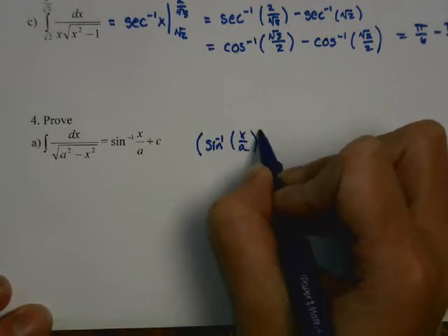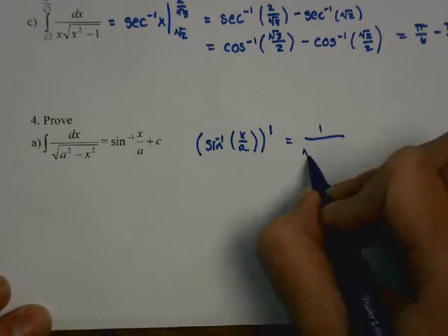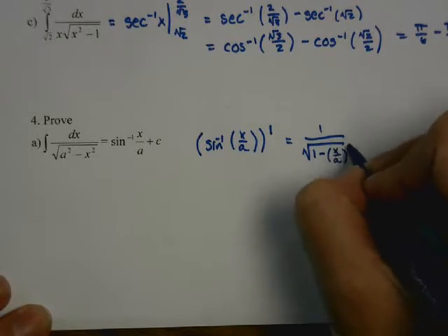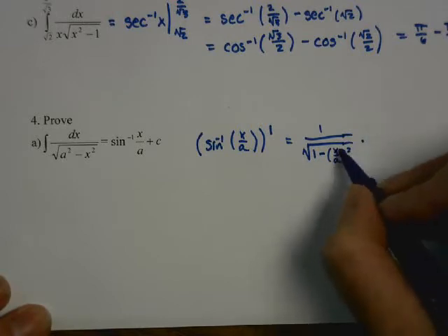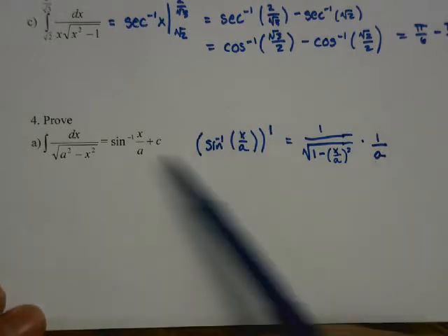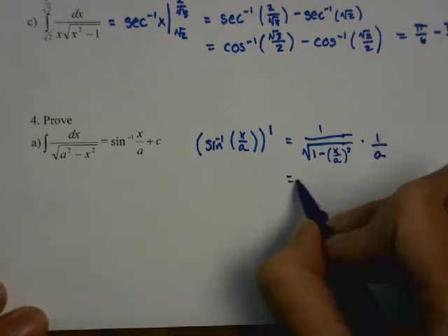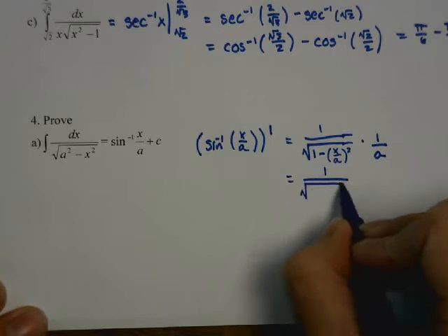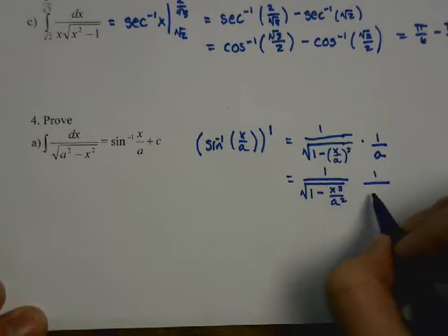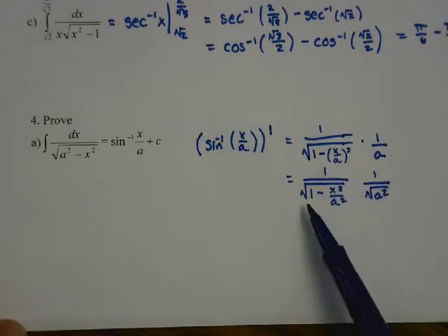of x over a. Well, that's going to be 1 over the square root of 1 minus x over a squared times the derivative of that, which is going to be 1 over a. Okay, so we're trying to transform this to look like this. So I'm going to rewrite this as 1 over the square root of a squared, because then I can multiply that in.